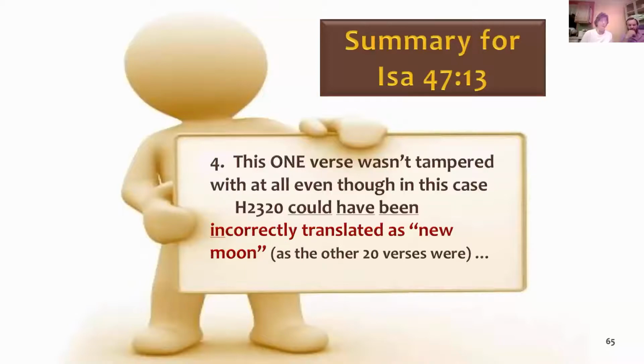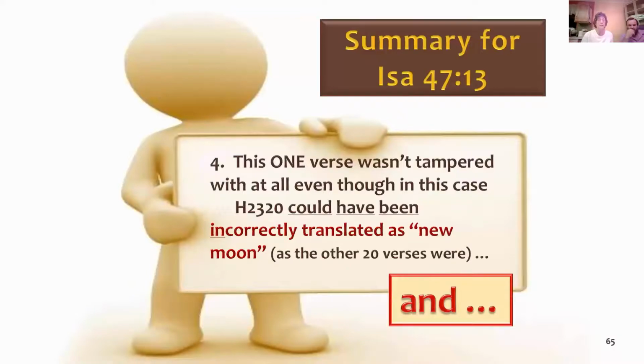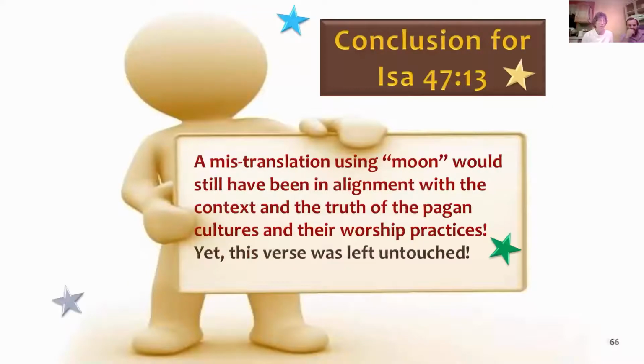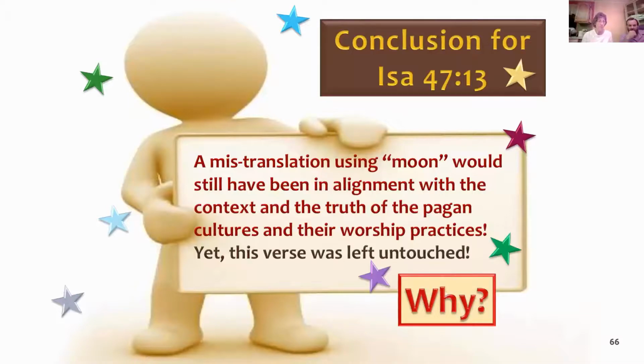They didn't touch this one, okay? And there's something else. A mistranslation using moon would still have been in alignment with the context and the truth of the pagan cultures and their worship practices. Yet this verse was left untouched. And you have to ask the question, why? Why did they leave this one untouched?